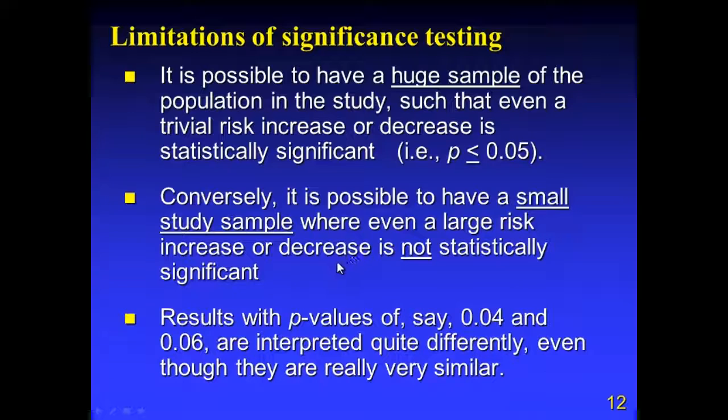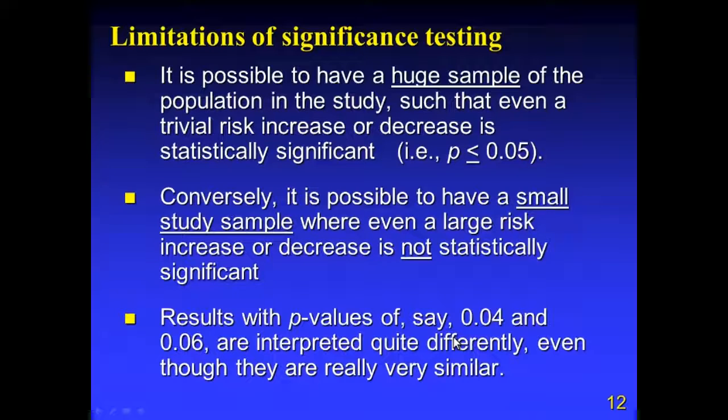So that's a problem. And then if you use this kind of decision-making criterion of 0.05, if you have two results, a p-value of 0.04 or a p-value of 0.06, then if you apply that decision-making criterion rigidly, you would come up with a completely different decision. Here you might reject the null hypothesis, and here you might accept the null hypothesis.